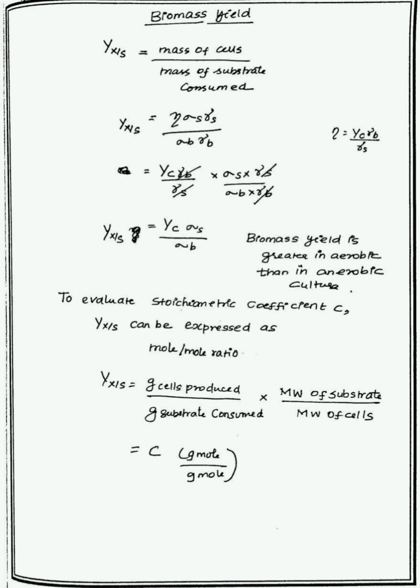The maximum value of the stoichiometric coefficient C is the degree of reduction of substrate divided by the degree of reduction of your biomass. I forgot to note this down in this page, so please note it down.